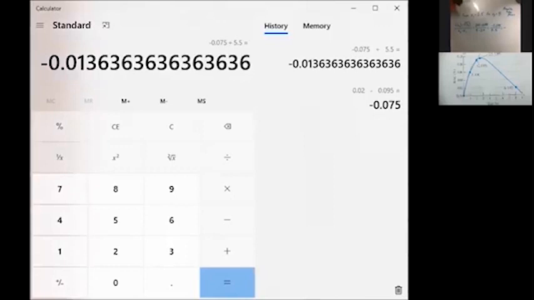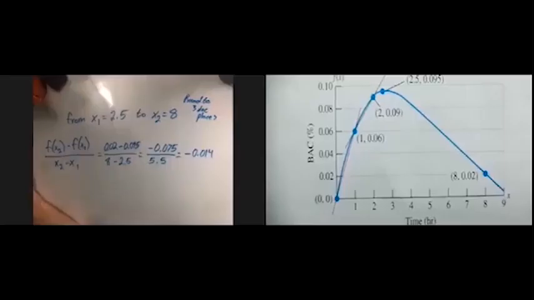Rounding it to 3 decimal places, 0.01, and that 3 is going to round up to a 4. So negative 0.014, and again, tops are percents, bottoms are hours.